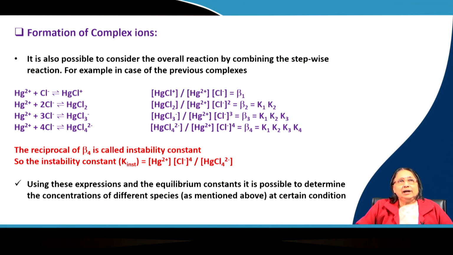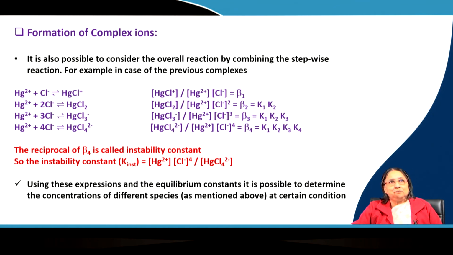Then you are able to tell how much is there as HgCl plus, how much as HgCl2, how much as HgCl3 minus. If you know the equilibrium expressions and the K values, you can easily tell the concentration of each species.